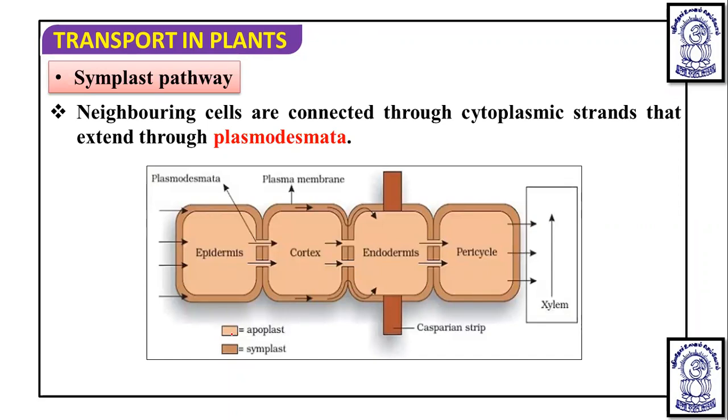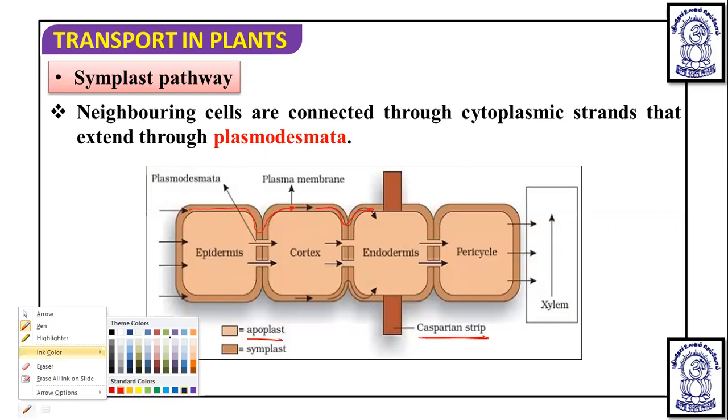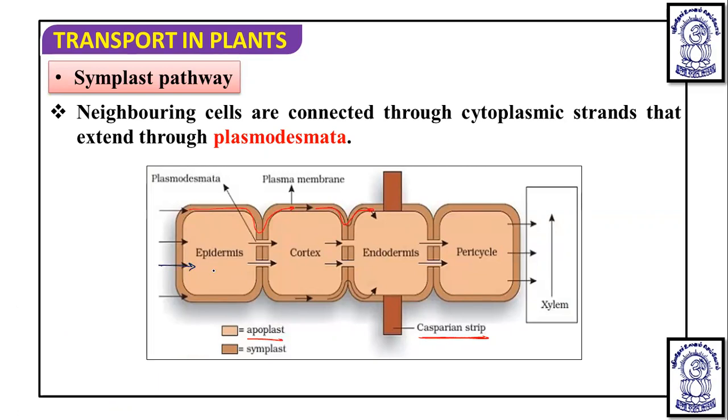So what have we discussed in the apoplast? When water gets absorbed through the cell wall, it is known as apoplast, and that will occur up to the Casparian strips. But when we talk about the symplast, the water will enter here, and if there is a vacuole, it either goes inside the vacuole and comes out and then gets transported, or, leaving the vacuole, transport can occur through the cytosol only.